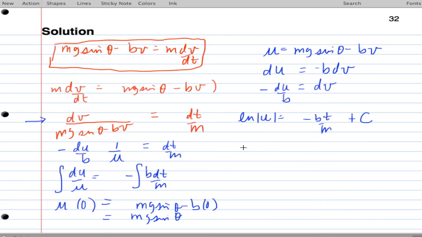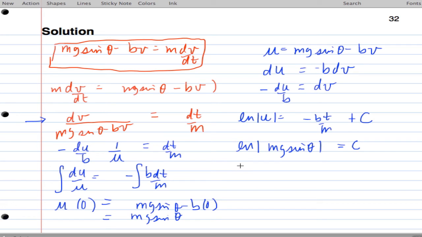So I'm going to end up getting that negative ln of mg sine theta equals c.